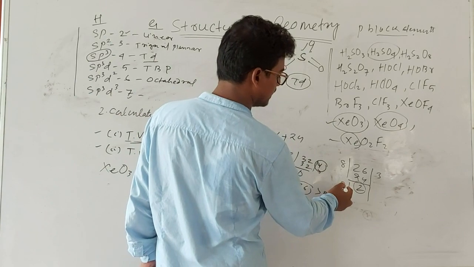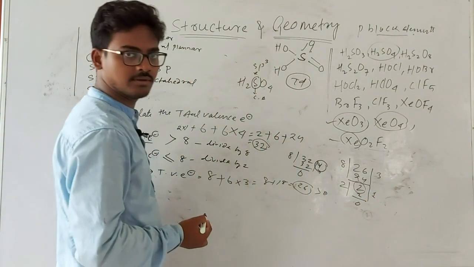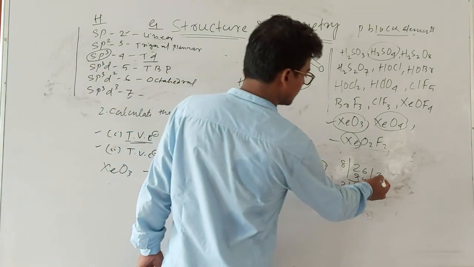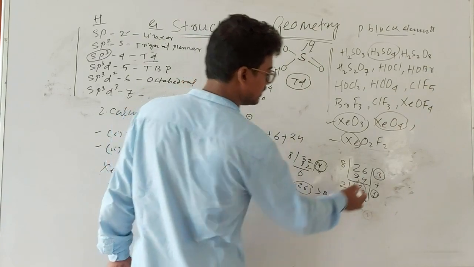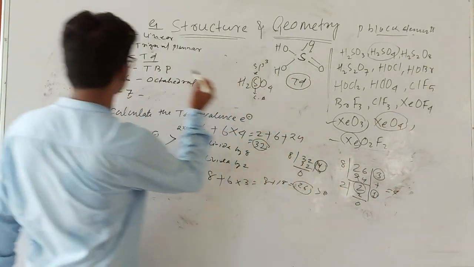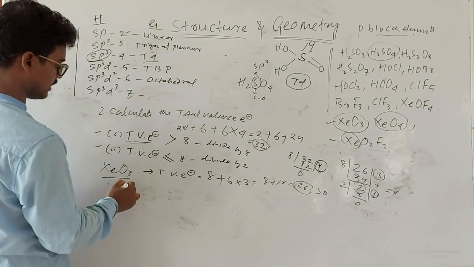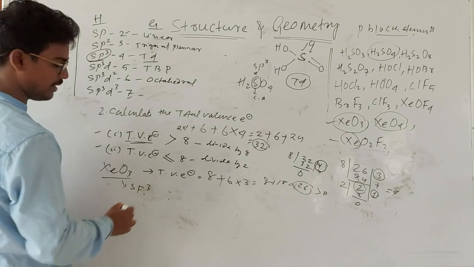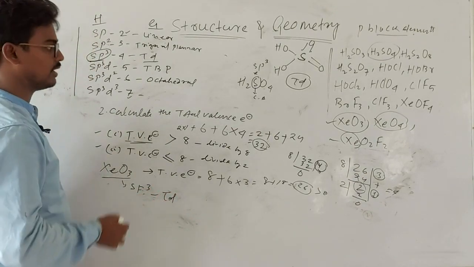So here I will divide it by 2. 2 into 1 is 2, remainder 0. So here one value is 3 and another value is 1. Add these two values, 3 plus 1 is equal to 4. This 4 belongs to sp3. So XeO3 also has sp3 hybridization and the structure is tetrahedral. So how will we do the structure?